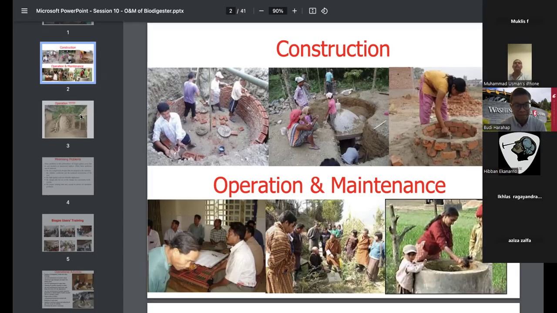So if some of the audience are professors, or work in this field, I would suggest that you please do a project in which you train the masons as well as the farmers, carrying out proper training on how to take care of the biogas plant, so that this technology doesn't fail again. If you go to the next slide, I will show the common problems which I faced during that project.